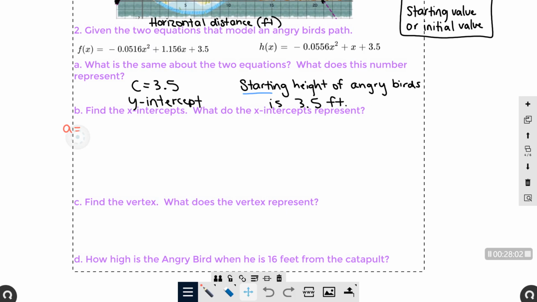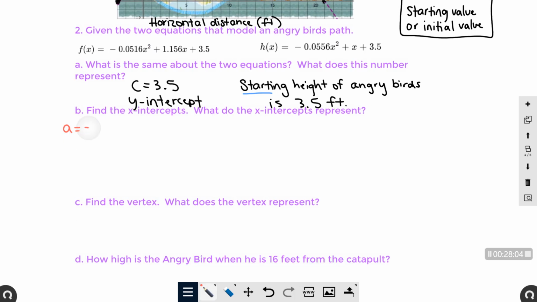Good, negative 0.0516. And B, 1.156. And C is 3.5.